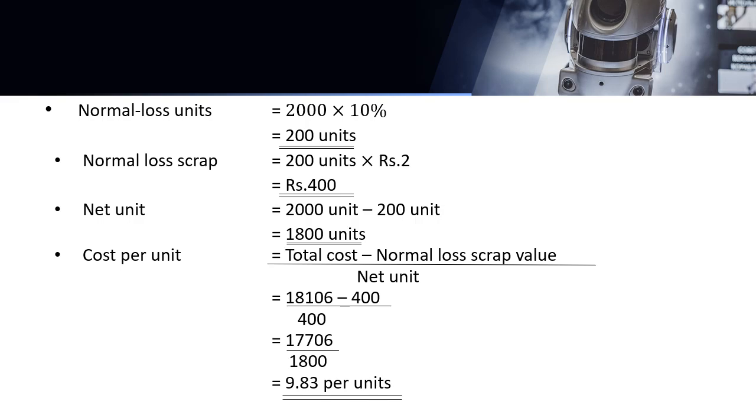Next, we can calculate the cost per unit. Cost per unit equals total cost minus normal loss scrap value divided by net units, equals 18,106 minus 400 divided by 1,800, equals 17,706 divided by 1,800. Final answer is 9.83 per unit.